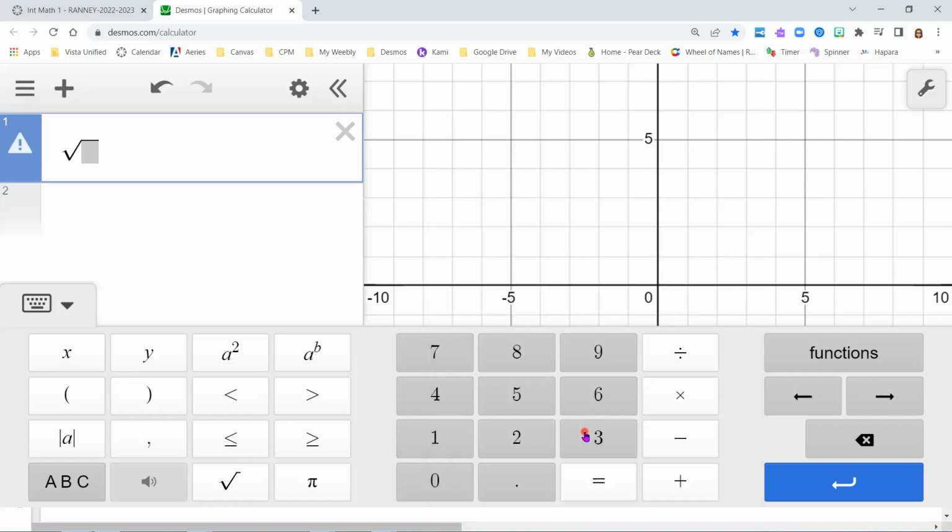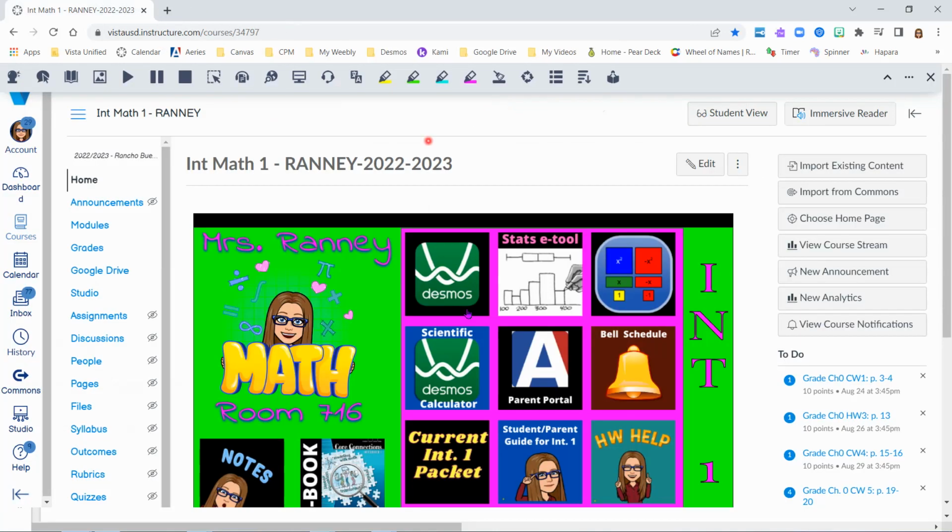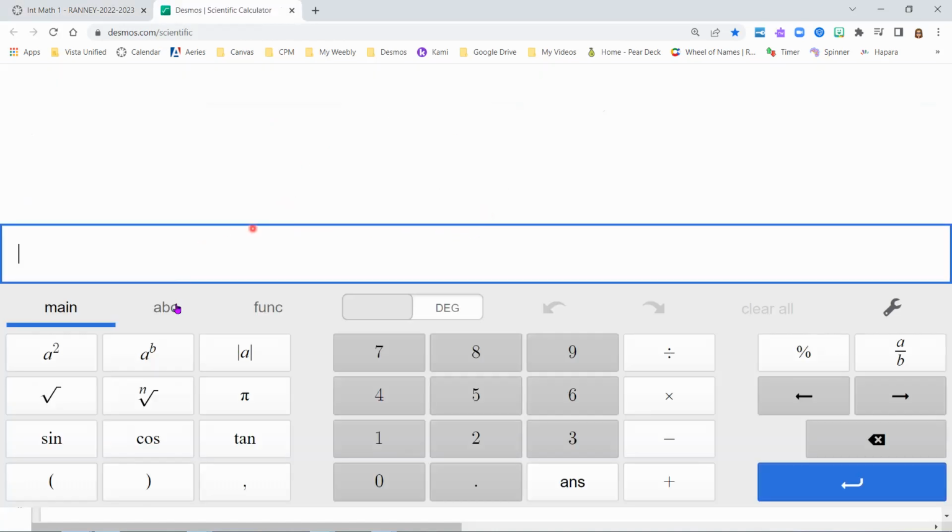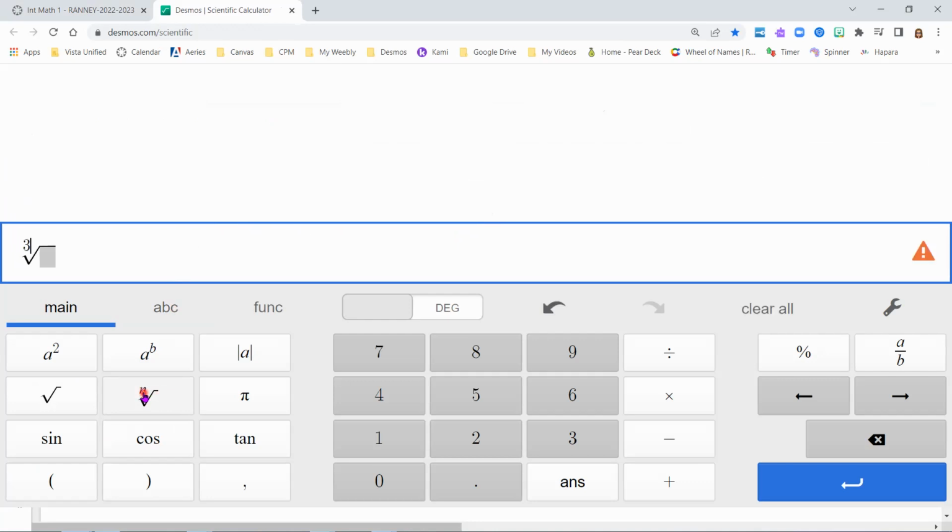So if I do that, I'm going to put the cube root of 125, and you see that it's a 5. If I am using the scientific Desmos, this one has it right here. You don't have to go find it. So if I put a 3 and then a 125, you see I get my answer as 5.